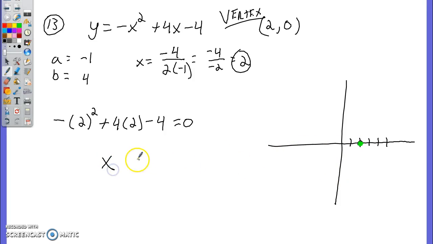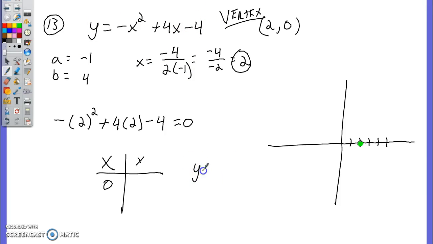So you do your t-chart, so x, y. We're going to substitute it in. The easiest one to the left, in my opinion, would be to use 0. So if you use 0, and we plug it in, remember, -4 should come out to be our answer.